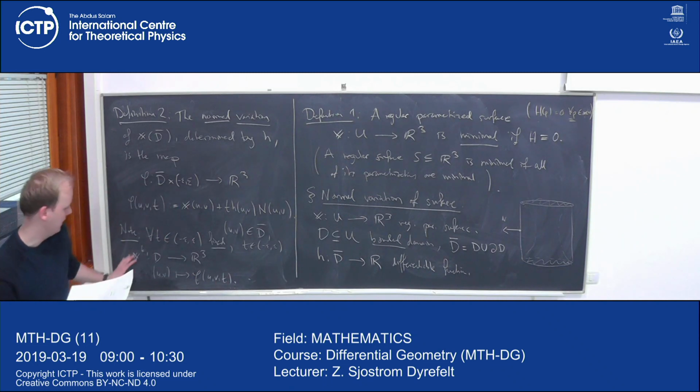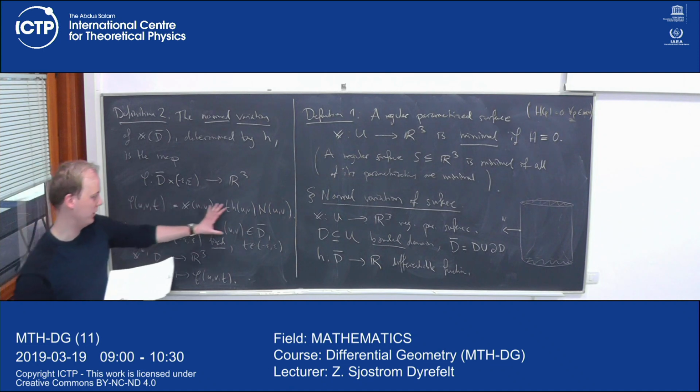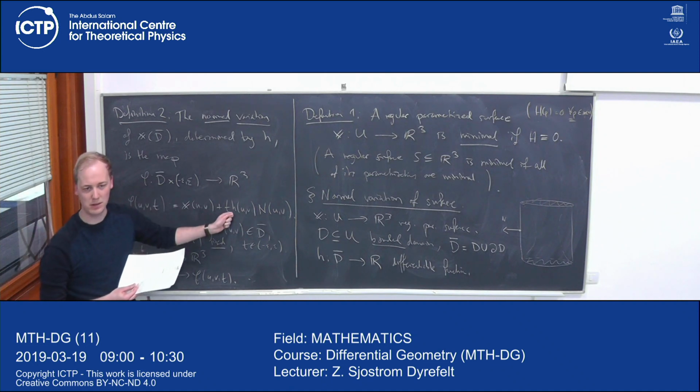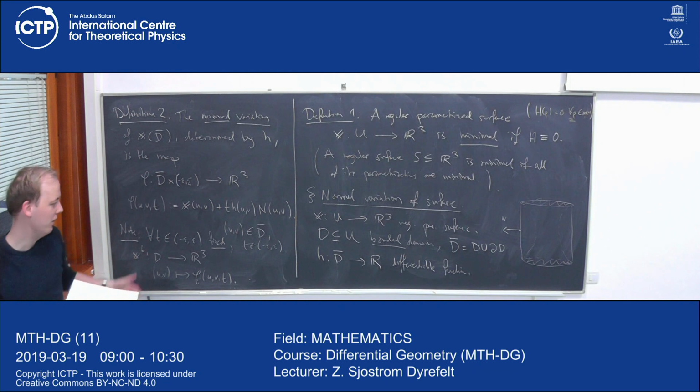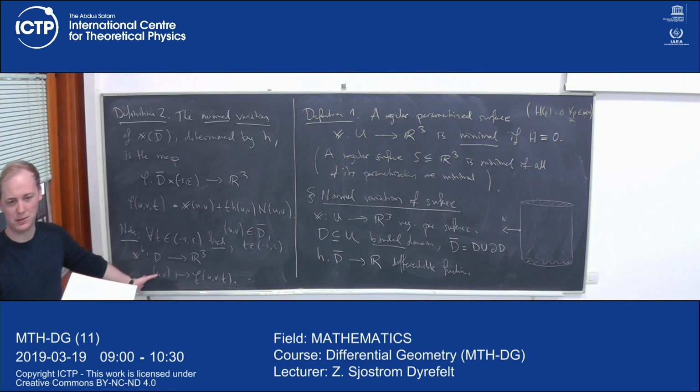Then this thing is a parameterized surface. So what this means is that I deform this thing. I start at t equals 0, and I have my original surface. Then for each t in this interval, I will get a new surface, defined in this way.